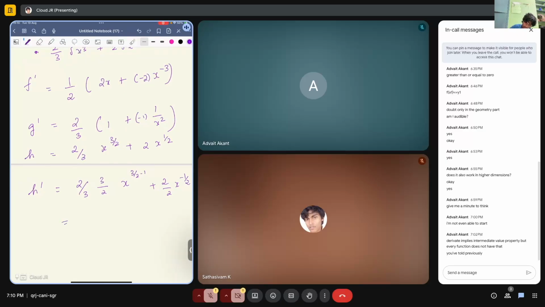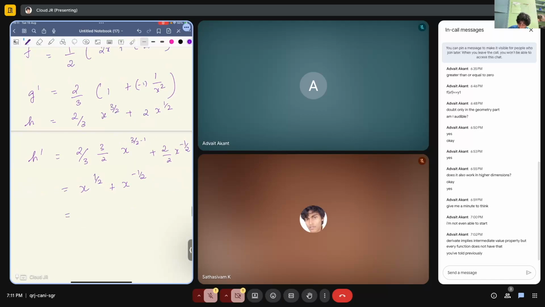So these terms will get cancelled. This is x power 3 minus 2 by 2, which is 1 by 2, plus x power minus 1 by 2.